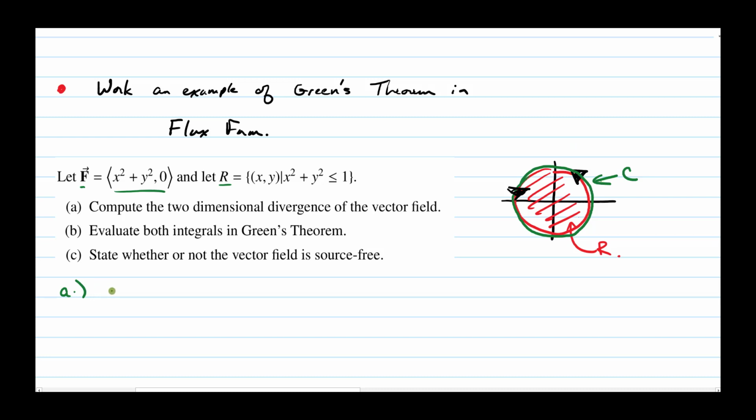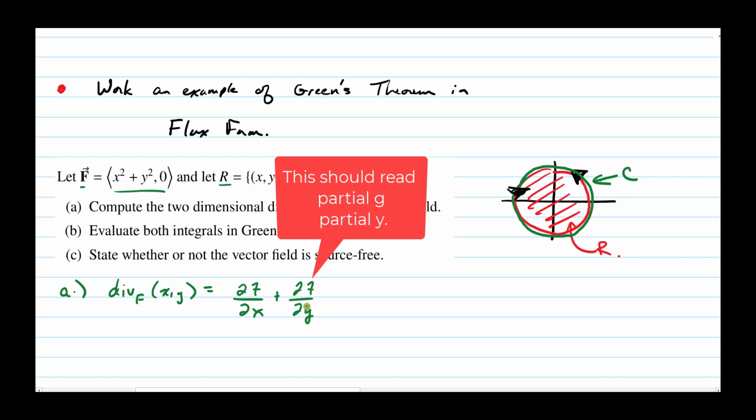So if we want to compute the divergence of F, that's a pointwise calculation where at every single point we will talk about how that point behaves instantaneously, like a source or like a sink. And our definition that measures that is partial f partial x plus partial g partial y.